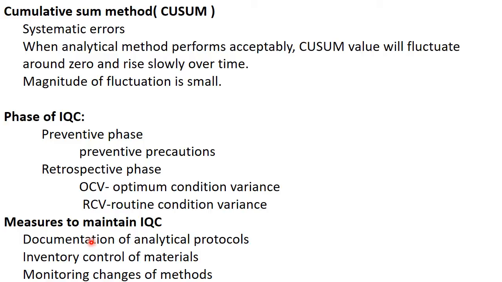Next, moving on to the measures to maintain internal quality control. There are three measures which can be taken. The first one is documentation of analytical protocols. That means it is necessary to perform analytical procedures stepwise.